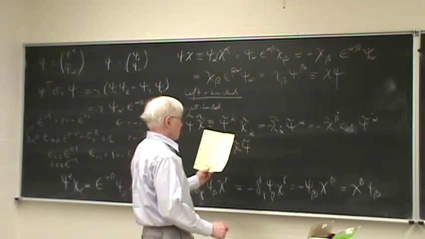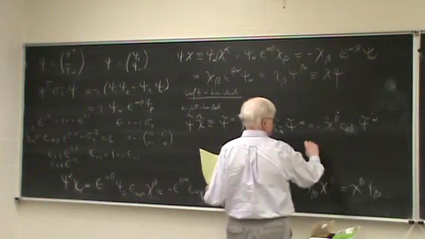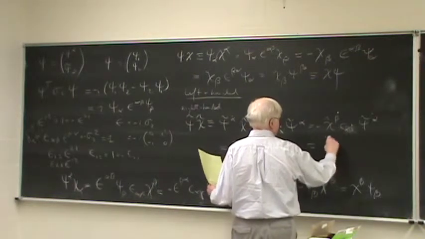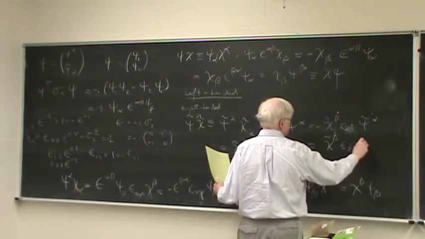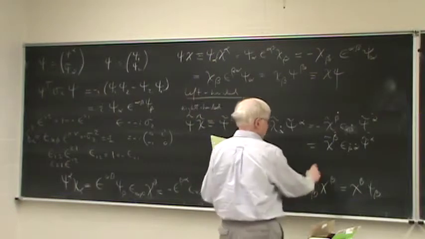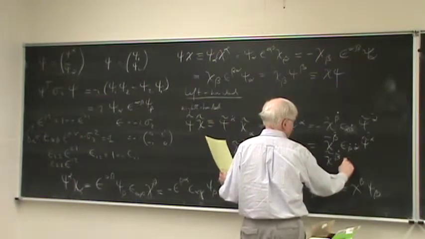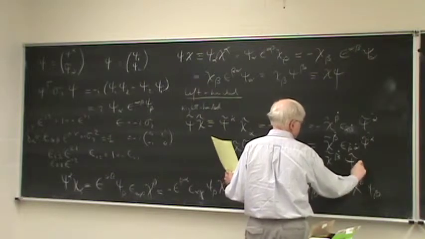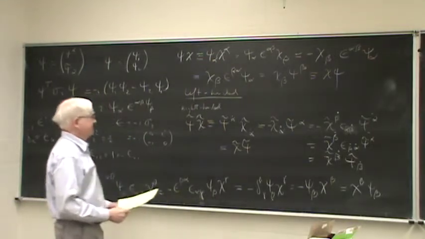And now we can flip the sign here. Chi tilde beta dot epsilon beta dot alpha dot psi tilde alpha dot, and that then is chi tilde beta dot psi tilde beta dot, and that's what this is by definition.